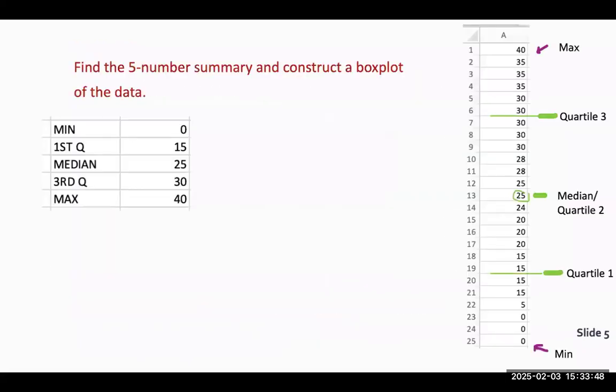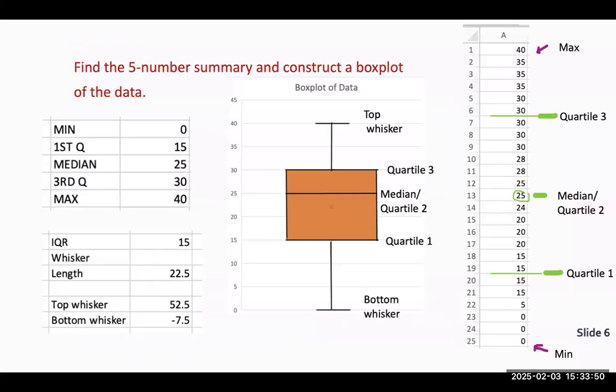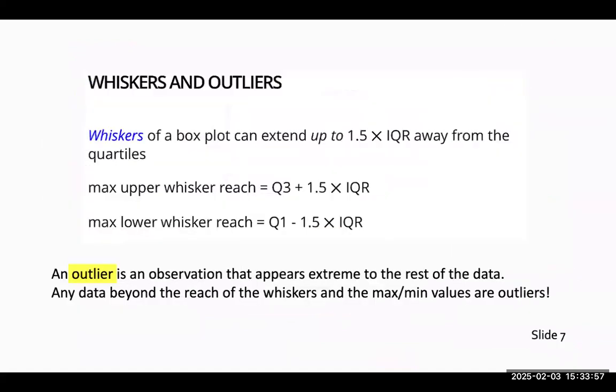So let's go back. Okay. Here was the formula for how to find your whiskers. Whiskers can extend up to 1.5 times the IQR away from the quartiles.